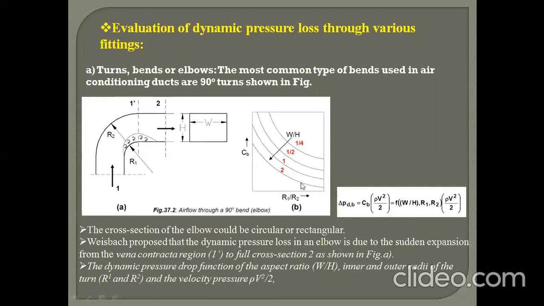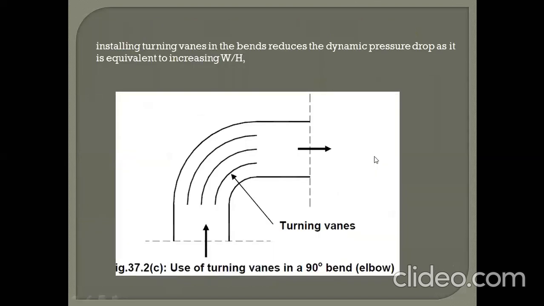So by substituting the value of R1 and R2 for your bend and W by H for your given fitting, you can find out CB. Okay, and if you put the CB in this equation, you can find out the dynamic loss. Okay, so this is the first type of bend.